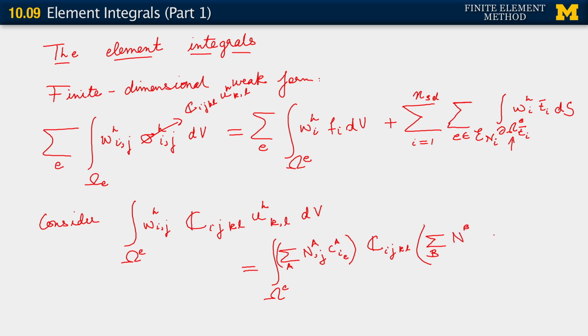Now the gradient is represented using the coordinate direction l, right? Of course l runs over 1, 2, 3. So that means that N_B here has to take a comma l, right? That's where the gradient is computed. And we have d_{Bk}^e dV. Okay.